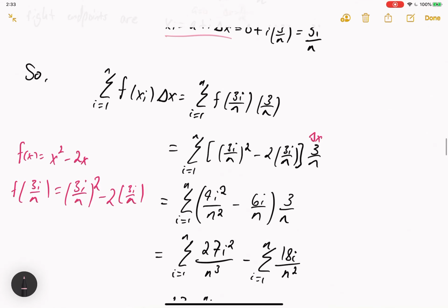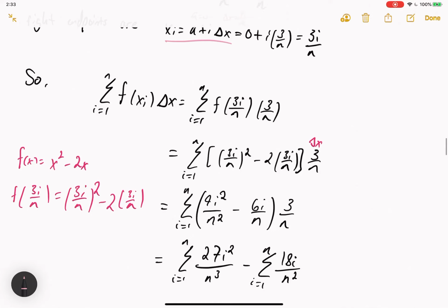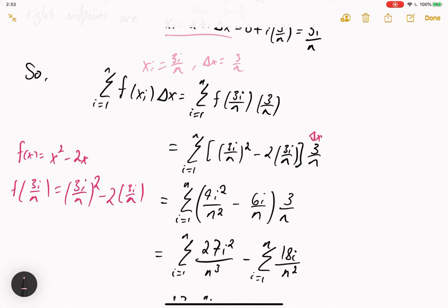So our sum, the Riemann sum that we want to take the limit of, is again the sum from i equals 1 to n of f of xi delta x. Remember that our xi's now are equal to 3i divided by n, and our delta x is equal to 3 divided by n. So we plug everything into the actual sum.